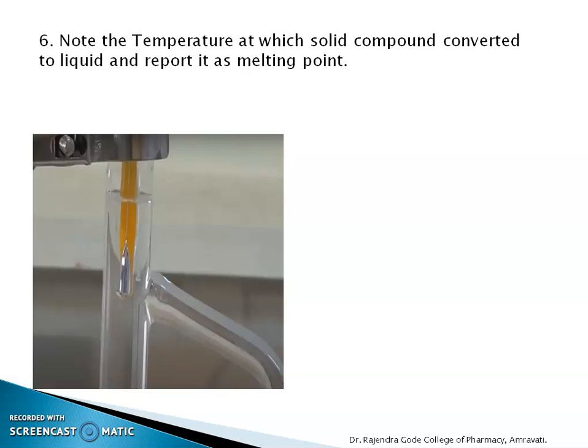As shown in the figure, the capillary has substance which has converted to liquid, which is visible. At which temperature it melts, we have to record the temperature and call it the melting point of that specific compound.